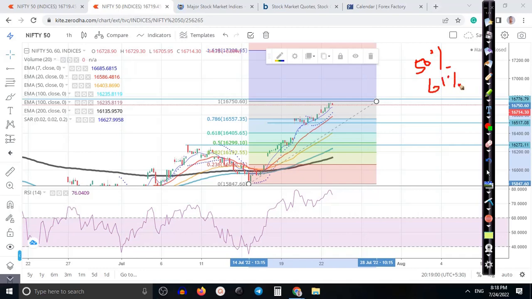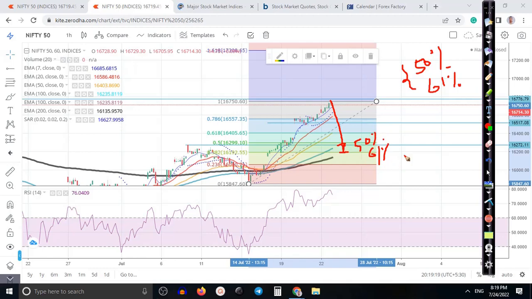That's the important level, exactly this zone. Here I can see this 50% retracement and this 61% retracement. This zone is very important.